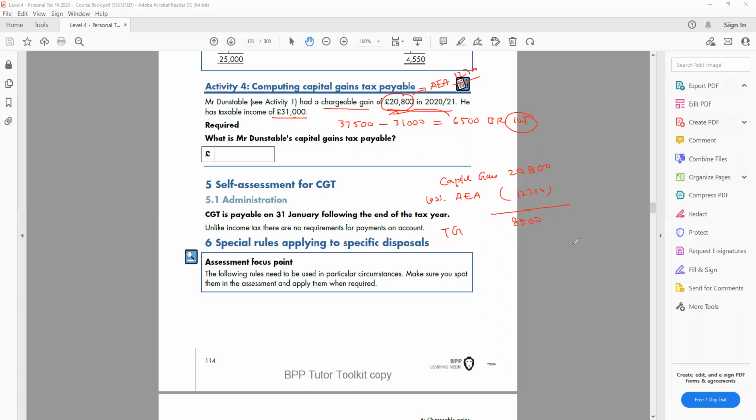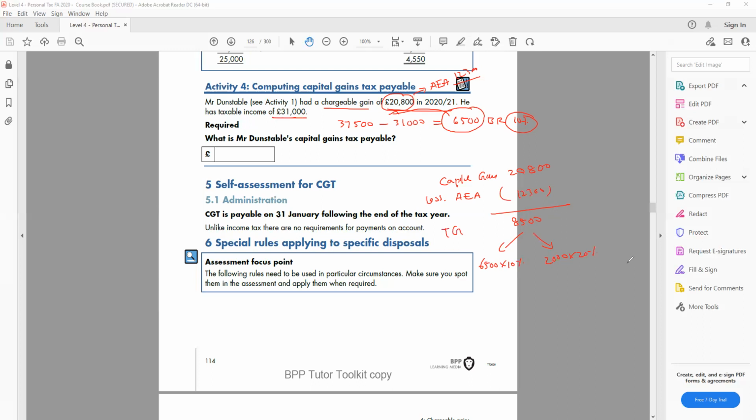This depends on any basic band left. We already see we have a basic band left of 6,500. So from 8,500, 6,500 will be 10%, because we have this remaining band. And any additional, that is 2,000, will be at the 20% higher rate.